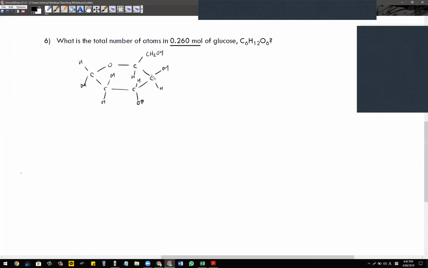And if you count it all up, I think you have 6 carbon, one here, one here, here, here, here, here, here. That's 6 carbons. Oxygen, oxygen, oxygen, oxygen, oxygen, oxygen, 6 oxygens. And then carbon, hydrogen, 1, 2, 3, 4, 5, 6, 7, 8, 9, 10, 11, 12.